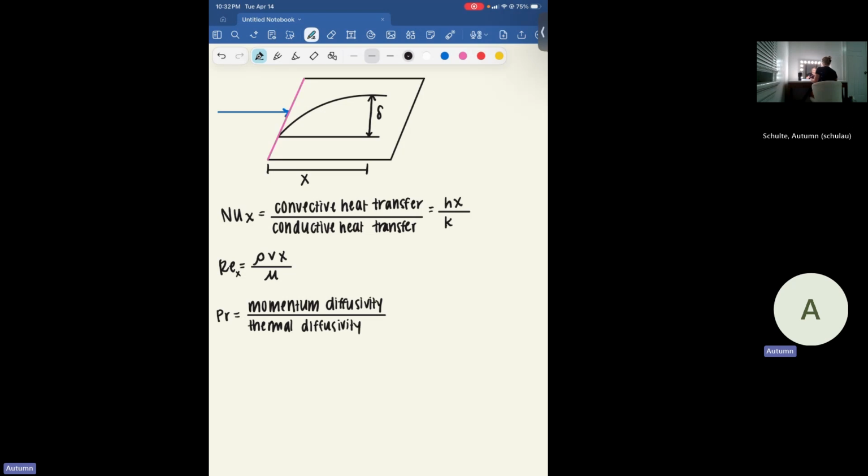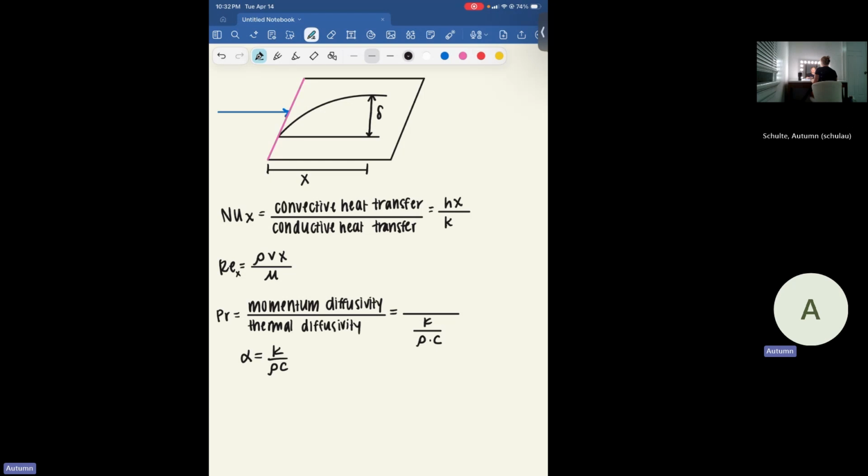And we've worked with thermal diffusivity quite a bit. Remember, that is our alpha term. And we said that alpha was equal to the thermal conductivity divided by the density multiplied by the heat capacity. So if we write that in over here, on the bottom, we're going to have a thermal conductivity divided by a density multiplied by the heat capacity.